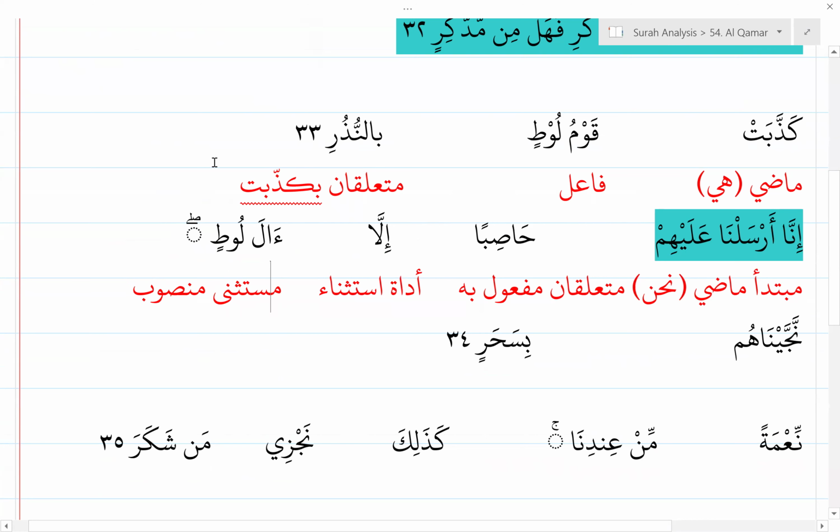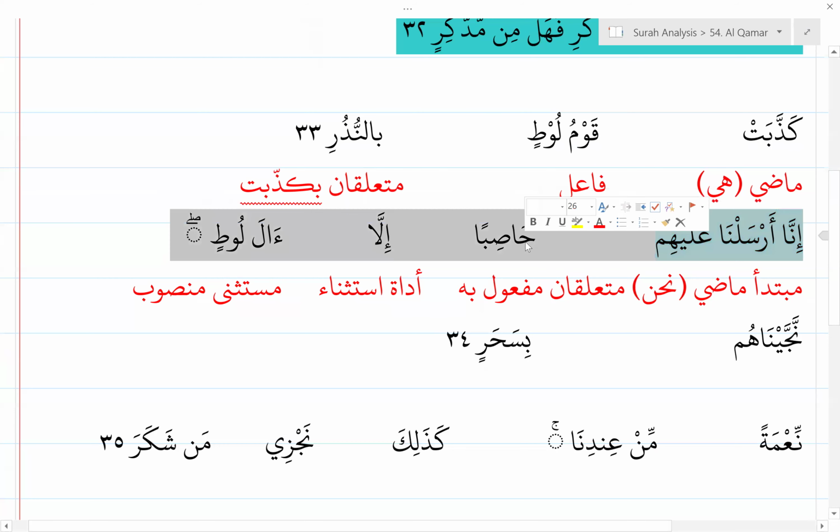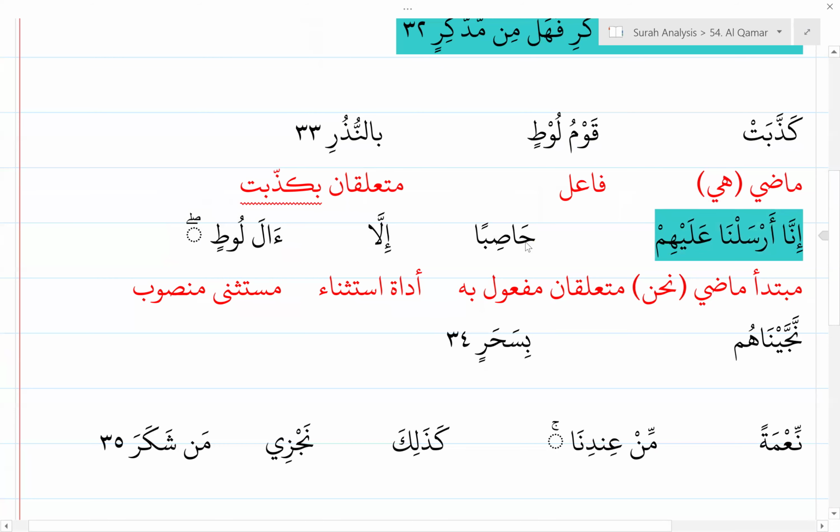Okay. And I think we talked a little bit about illa and how illa works. So you look at the sentence. Is it a positive sentence? Is the mustathna minhu mentioned? If it is like that, then the mustathna has to be mansub. Whatever comes after illa has to be a mustathna mansub. So you can see in this sentence, it's a positive sentence. Inna arsalna alayhim hasiban.